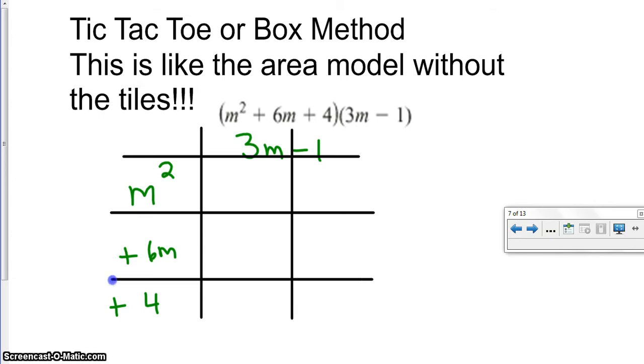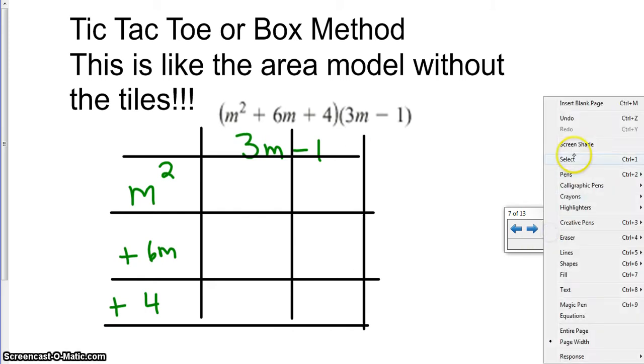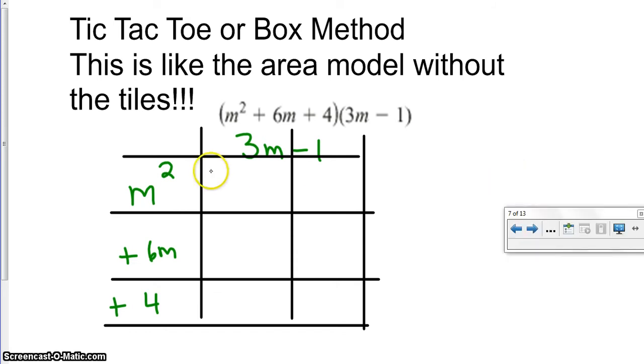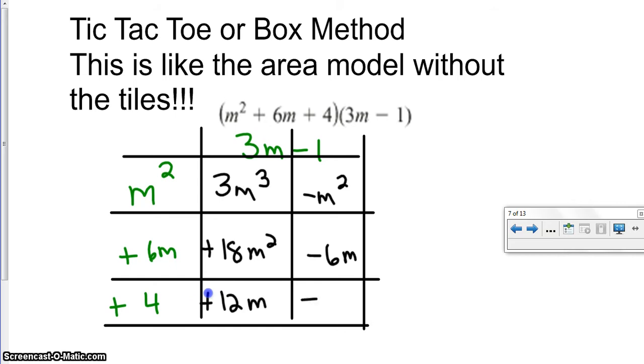And then just like elementary school, I go ahead and find my partial products. 3m cubed, negative m squared, positive 18m squared, negative 6m, positive 12m, negative 4, and then combine like terms. Final answer, 3m cubed plus 17m squared plus 6m minus 4.